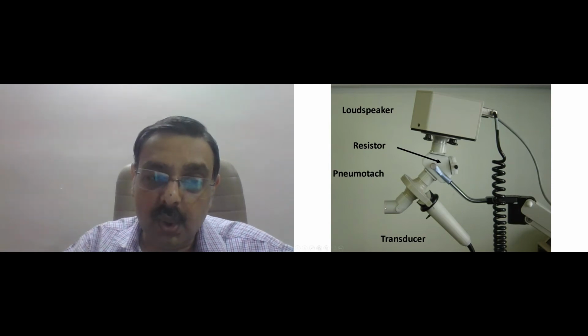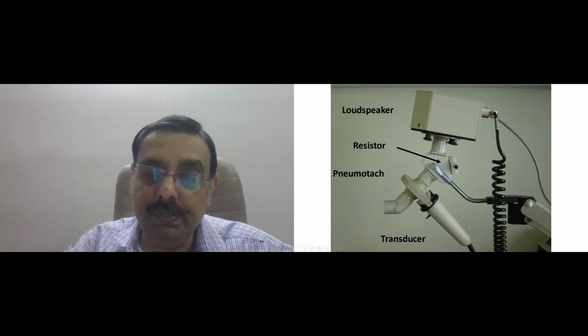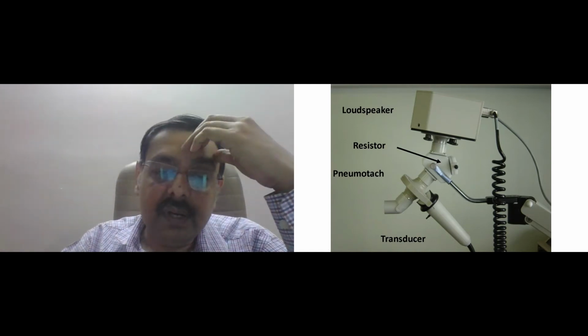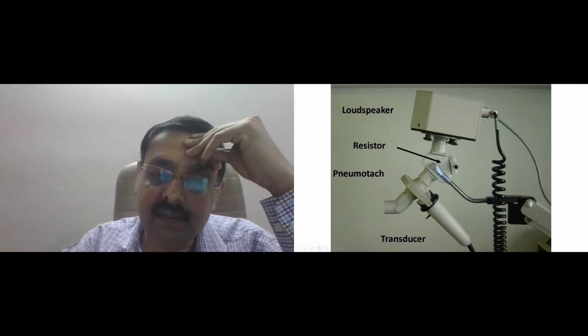The child breathes normally. Now, what the pneumotach actually measures is a combination of the noise coming from the loudspeaker, which gets superimposed on the breathing of this child, and that is what is read by the computer.